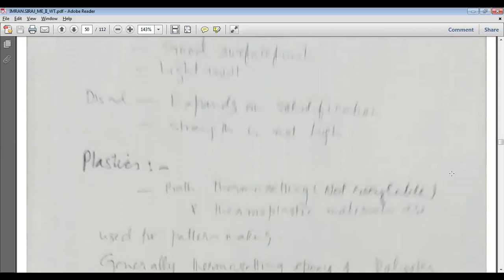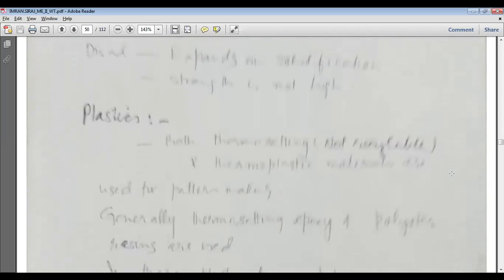So third is plastics. Plastics, both thermosetting plastics and thermoplastics, are used for making patterns. Thermosetting plastics are not reusable, whereas thermoplastics can be reused. So we can easily distinguish between thermoplastics and thermosetting plastics.